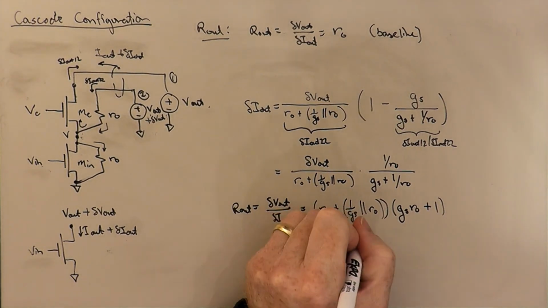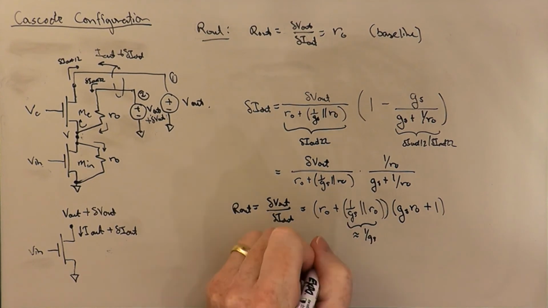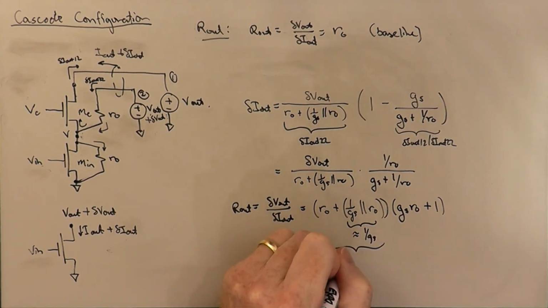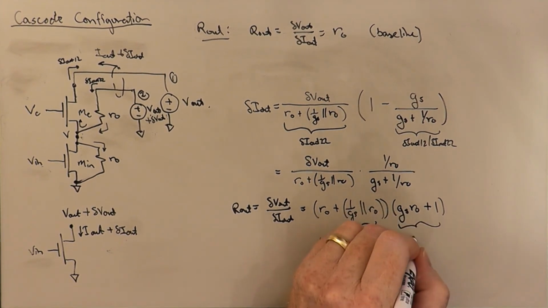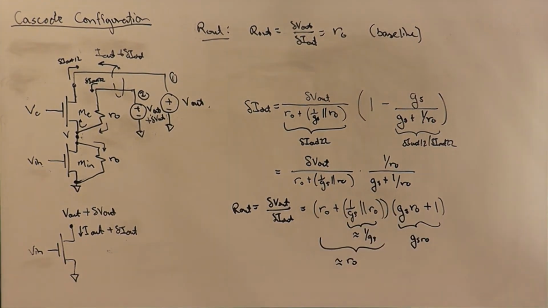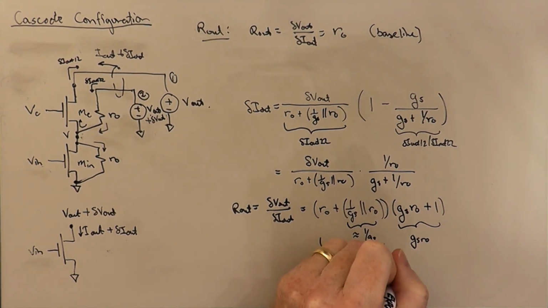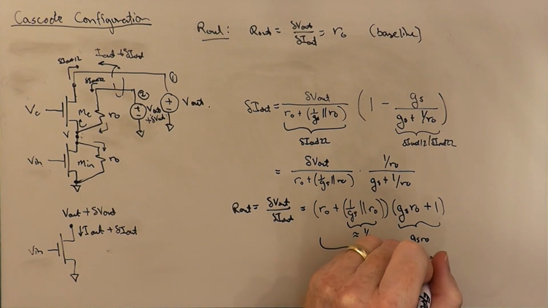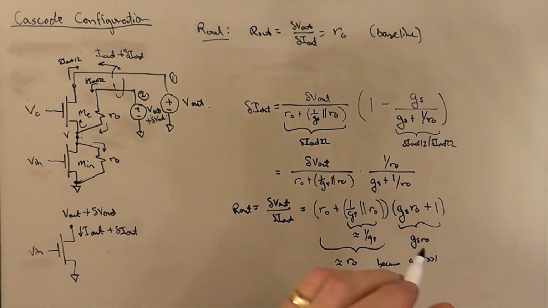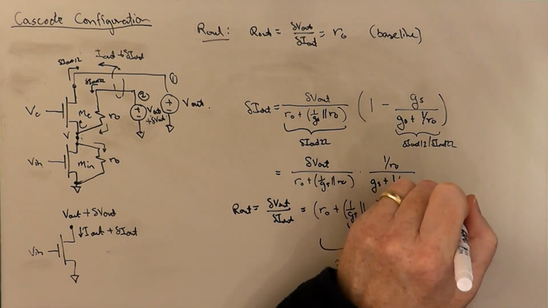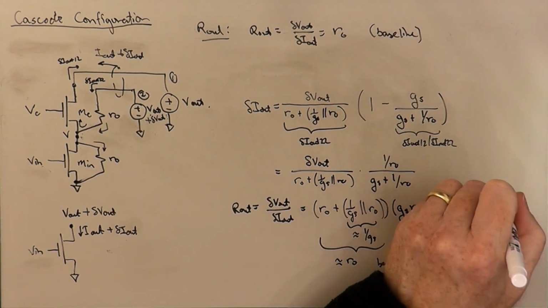Well, we said that this is approximately 1 over GS, and then this whole thing is approximately just RO. And this whole thing here is basically just GS RO. Right? And these all follow because GS RO is much bigger than 1. And so the R out here is going to approximate down to GS RO times RO.